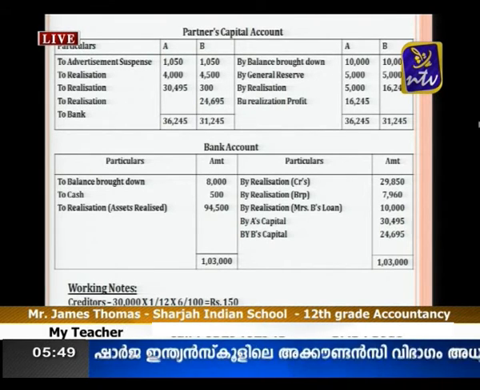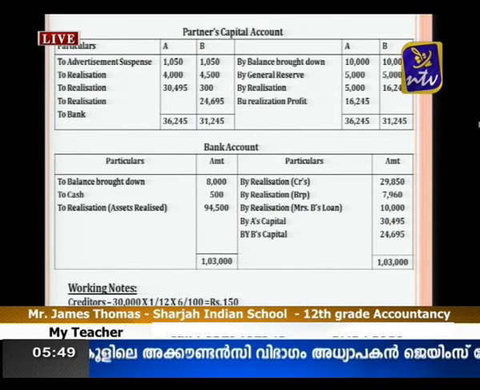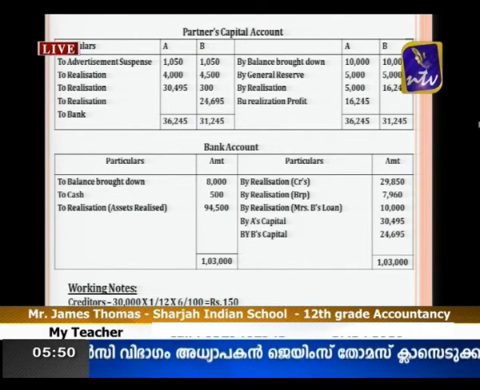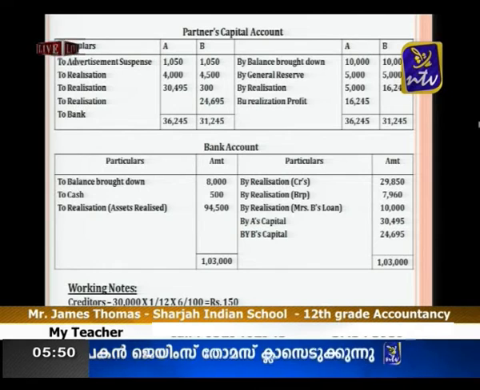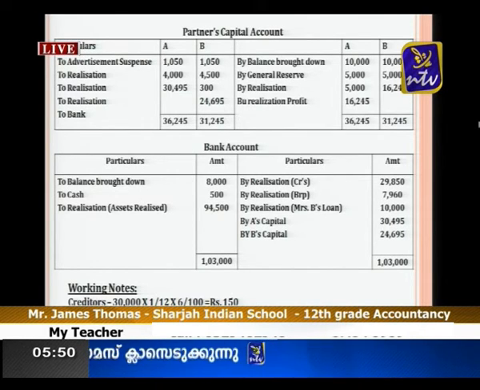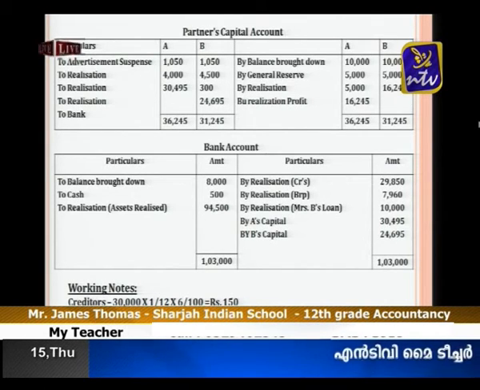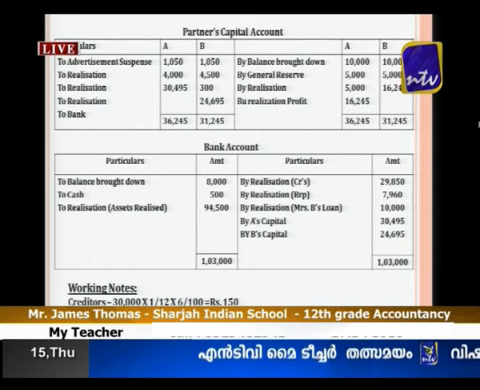Now we can see that the partners' capital account is showing a credit balance, and this credit balance is transferred to the partner's bank account or cash account. In this particular problem we are getting a credit balance, and that balance we are transferring to the bank account credit side.